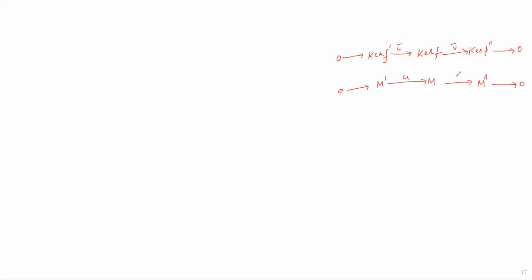This is u and v. These are the inclusion maps. So the vertical arrows are actually the inclusion maps.